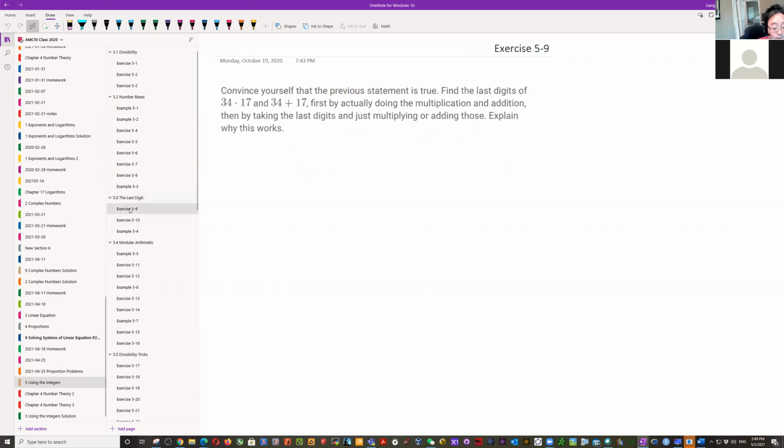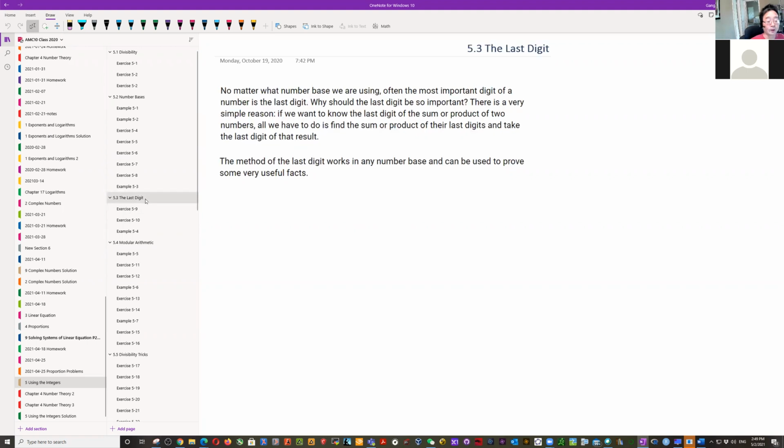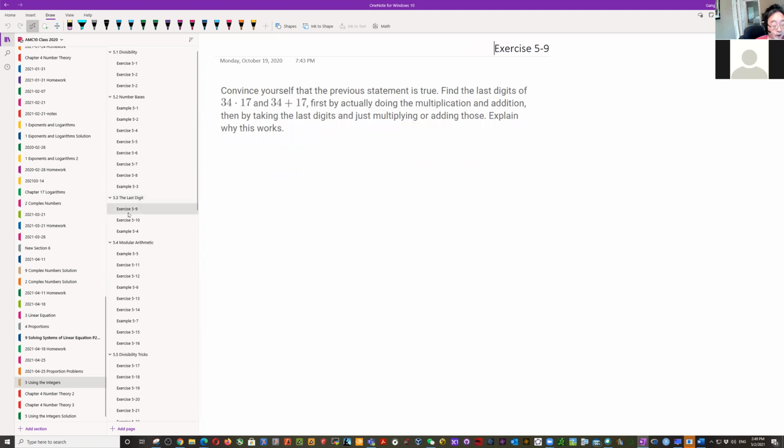When you are doing multiplication and addition, the only thing that matters to the result on the last digit is the operation on the last digit of each participant. So for a lot of problems, especially power problems and addition problems, if the question is just asking for the last digit, you don't really need to do any operation on the other digits.